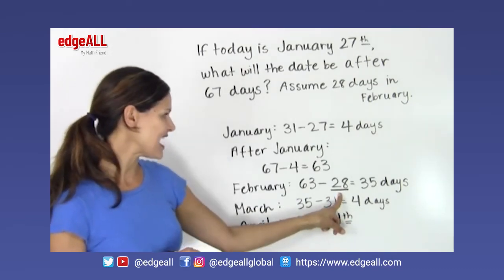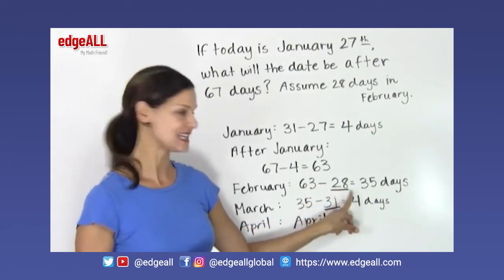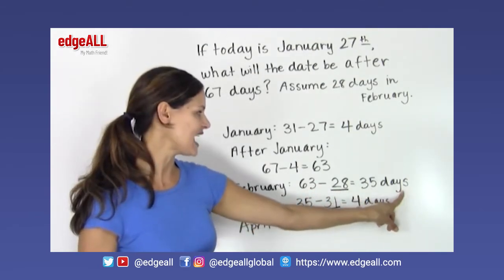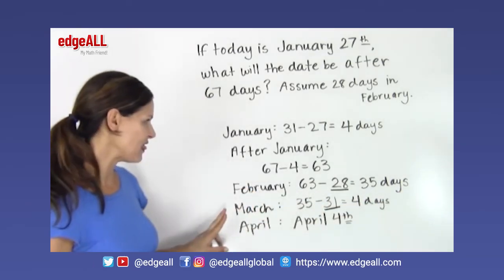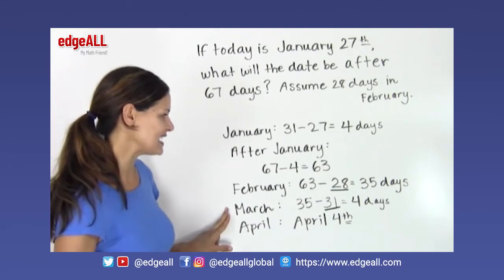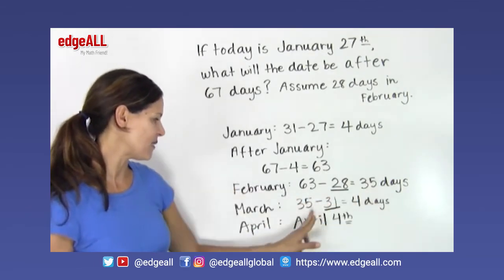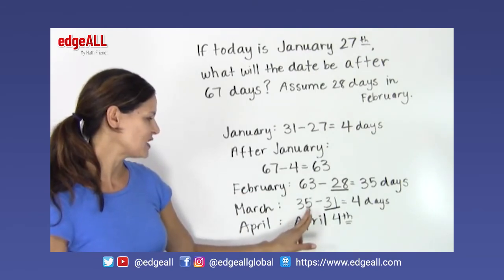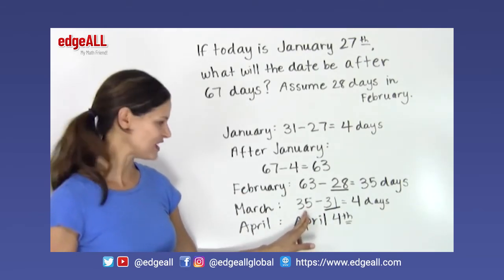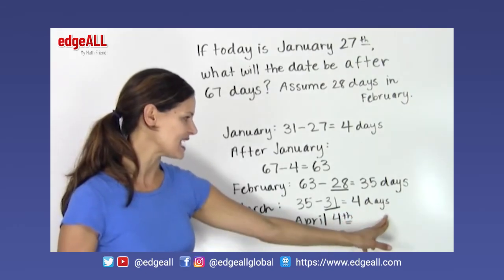So the remaining days of 63 minus 28 equals 35 days. The next month is March, and March has 31 days. So out of the 35, 31 of them will fall in March. So the remaining days are 35 minus 31 equals 4 days.